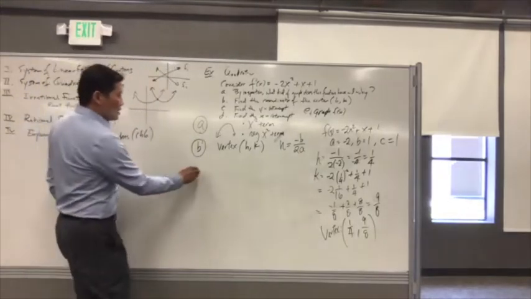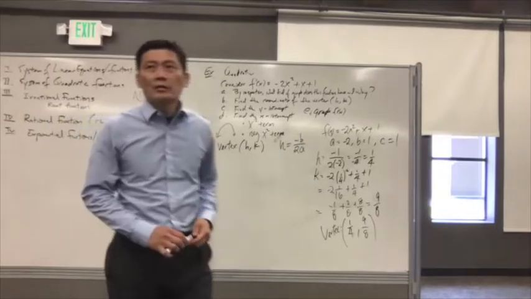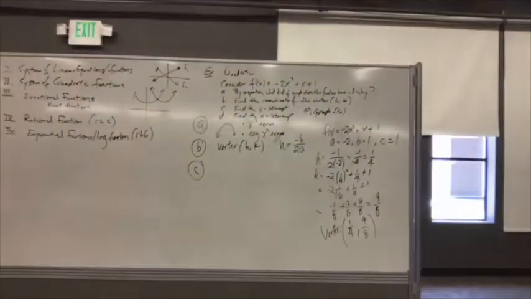Now, part C, we want to find a y-intercept. Meaning the graph that hits the x-axis. When the graph hits the x-axis, y is equal to 0, right? No, I'm sorry, that's the x-intercept.